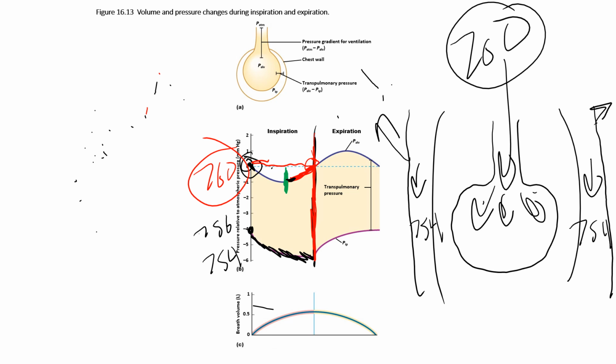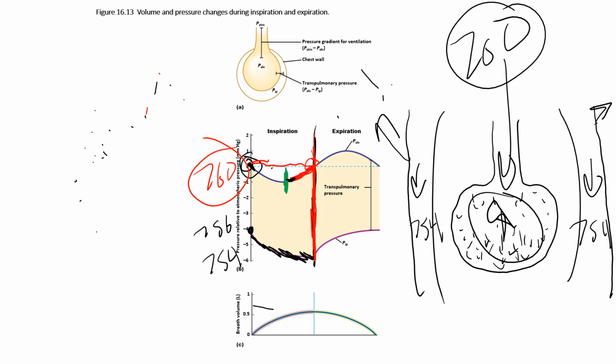And now, as more and more air actually comes into these alveoli, the gas molecules are more compacted, surrounded around each other, and that drives up intra-alveolar pressure. It drives up the air pressure in the lungs.